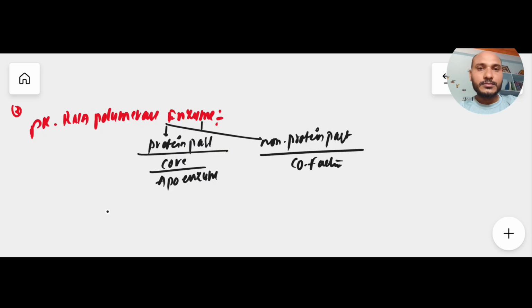This prokaryotic RNA polymerase mainly helps in RNA synthesis. We know that they play an important role in RNA synthesis. In the protein part, we have different types of protein parts like 2 alpha, beta, beta prime and epsilon.